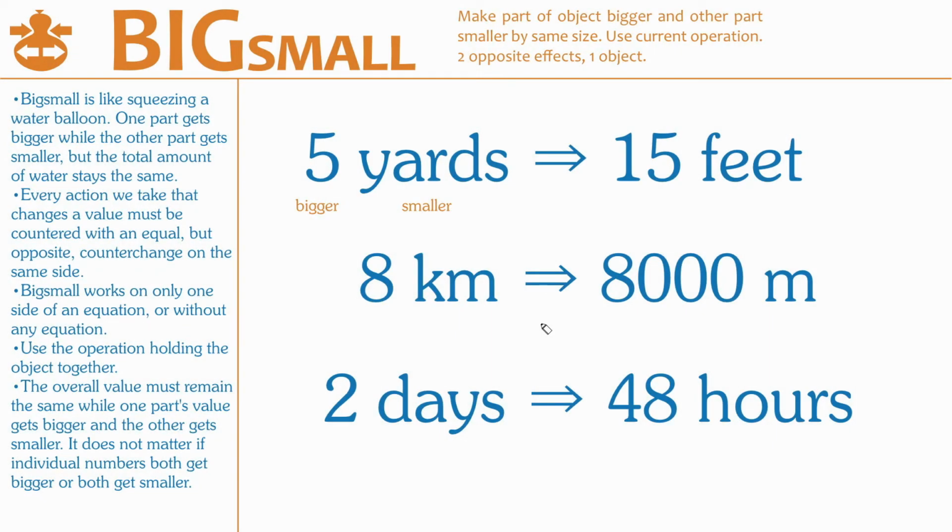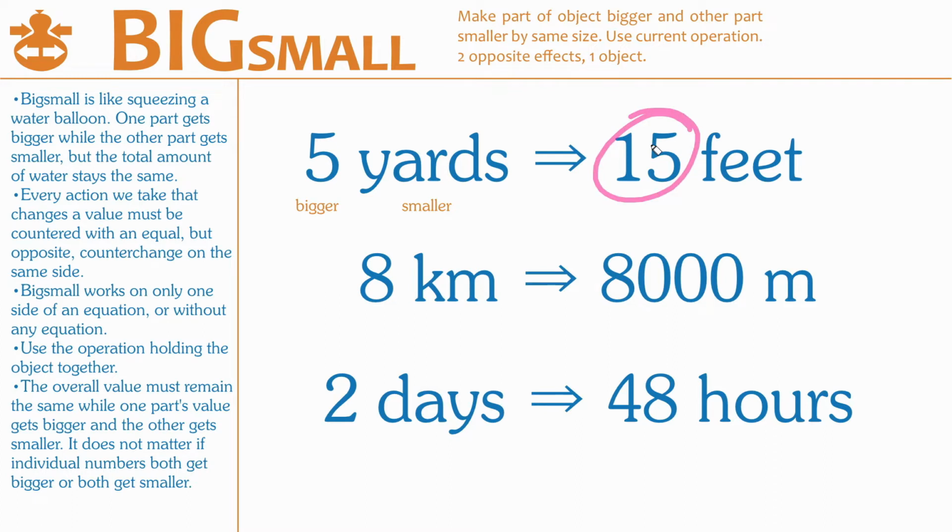Okay, let's look at units. This may be a little easier before we get into fractions. Pretty straightforward and hopefully more relatable. 5 yards, and I need to change it to feet. Well, pretend I don't know what my answer is yet.